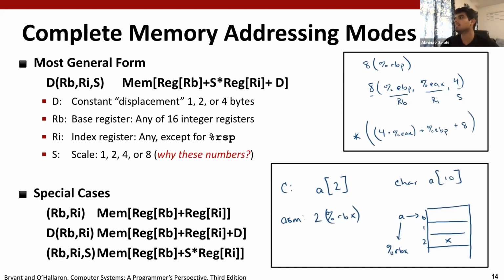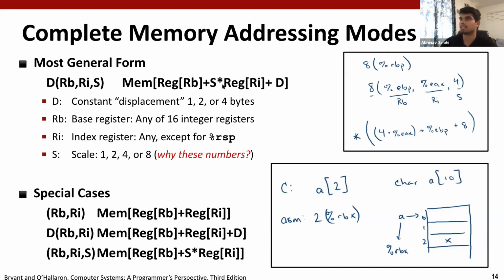Yeah, so basically if we have an instruction like this, or like this piece of code in an instruction, then what this does is, okay, so it's saying that we want to multiply the value in here by 4, and then we want to add EBP to that, and then we want to add 8 to that.